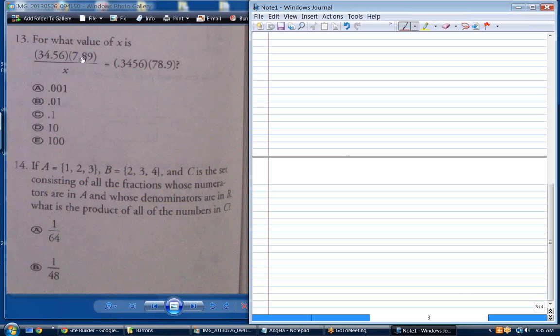Now, in order to turn 7.89 into 78.9, what would X need to be? Well, let's see, we're going to move it to the right once, so it would be 0.1. Okay, so in one case, X has to be 100, and in the other case, it has to be 0.1, combining those is 10.